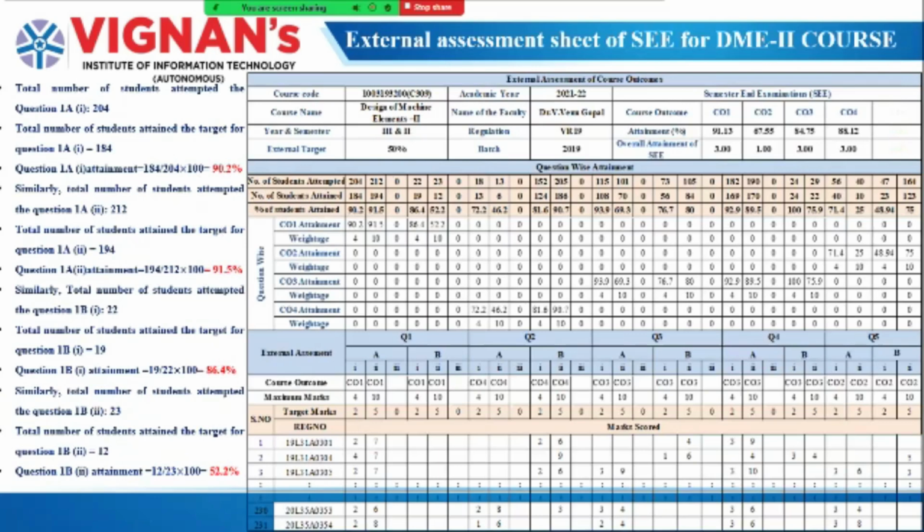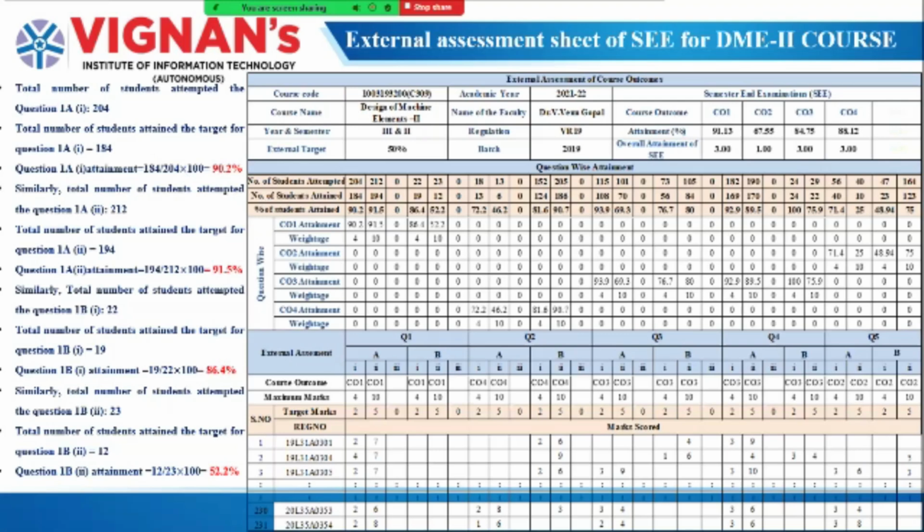Each question is an either-or type question. That means in question 1 we have A bit and B bit. Again under A bit 1 and 2, and under B bit we have 1 and 2. So the student will answer either A bit or B bit only.